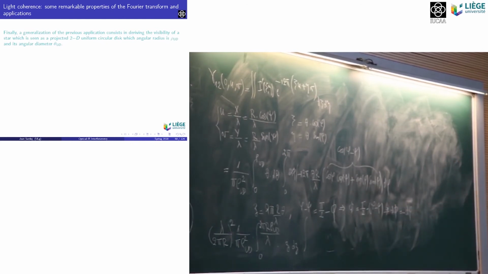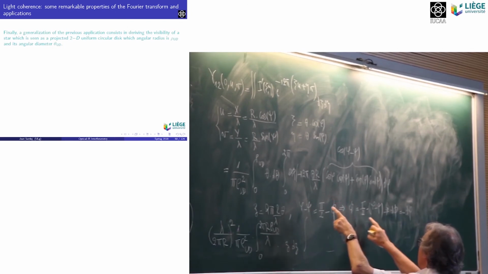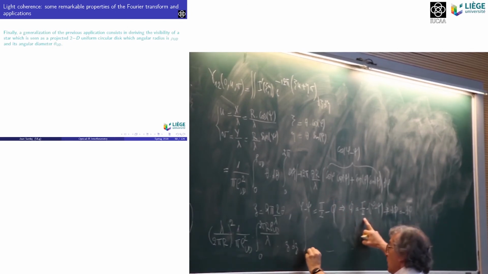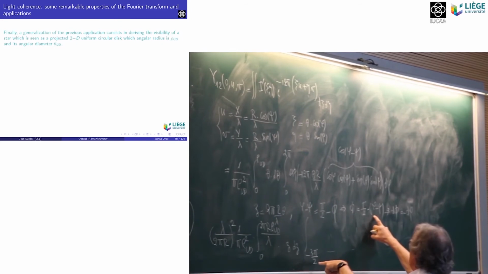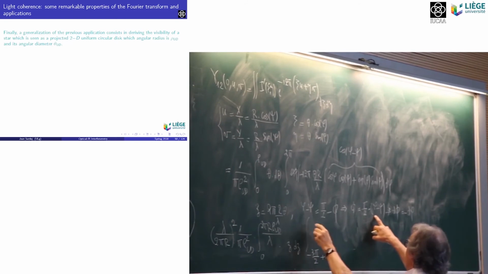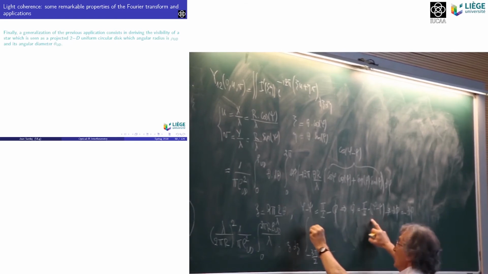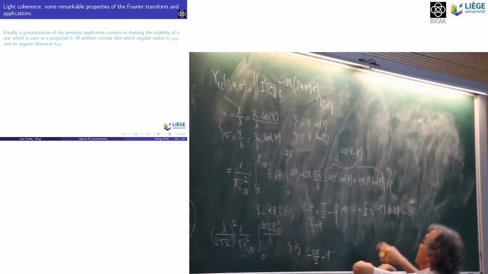So here it will be the integration from, if I take 2 pi, minus 3 pi over 2 plus psi, and since it is 0, half pi plus psi, like that.